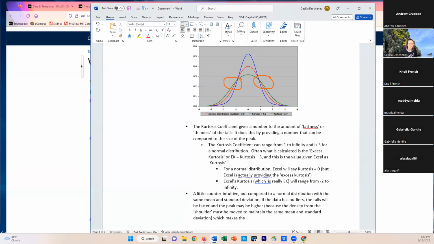Which makes the kurtosis value greater than 3. So the excess kurtosis, which is the kurtosis minus 3, will be a positive number.